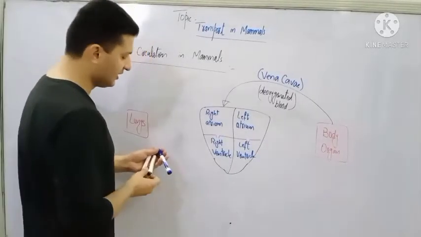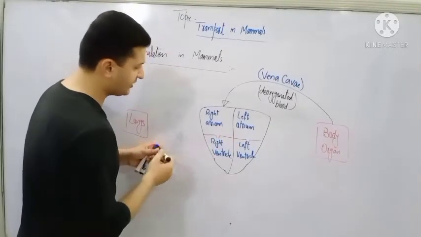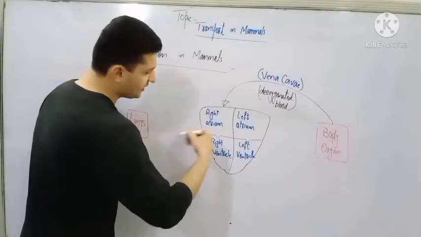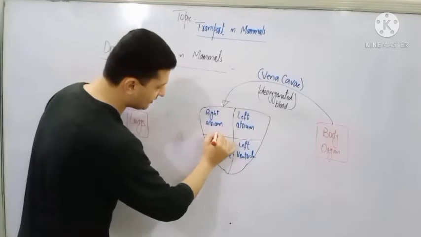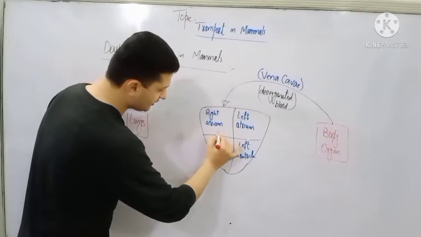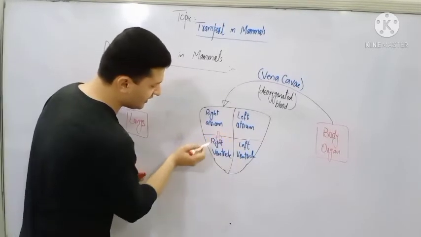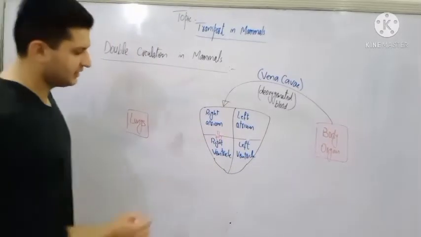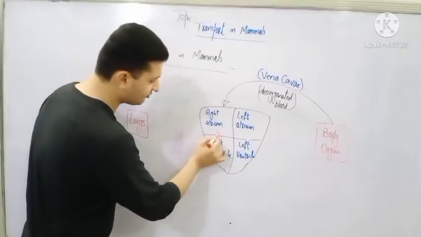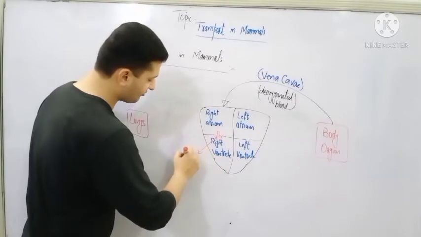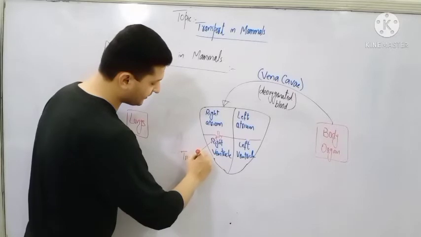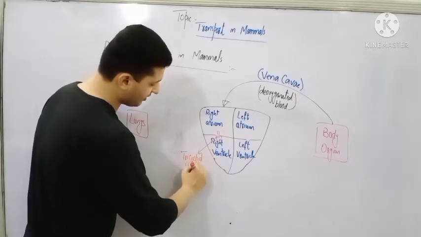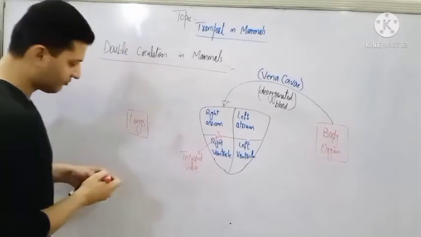Now what happens? It means the right atrium contains the deoxygenated blood, and from the atrium the blood moves to the right ventricle through this valve, and this valve is known as the tricuspid valve. What is the meaning of tricuspid actually?